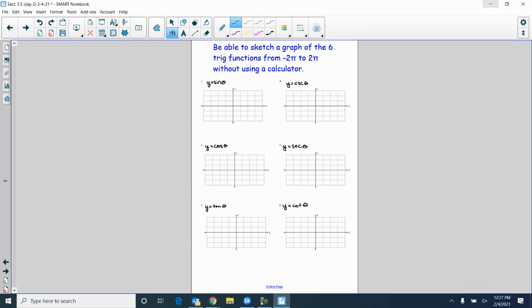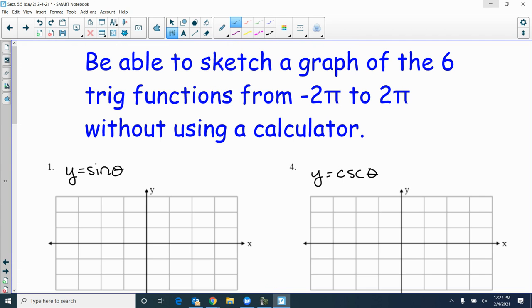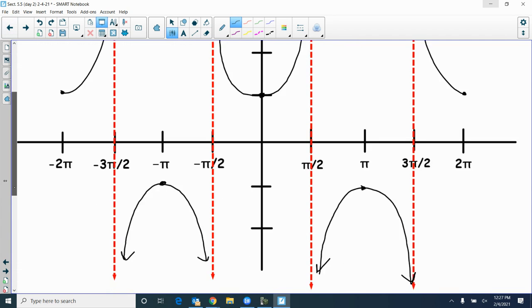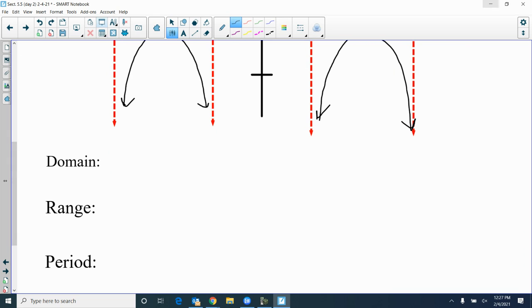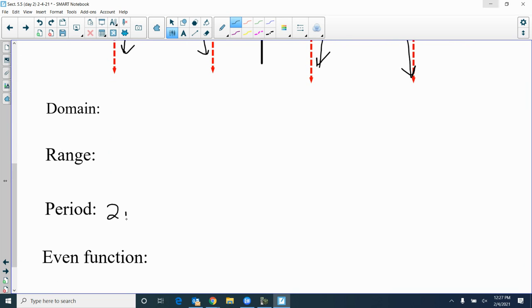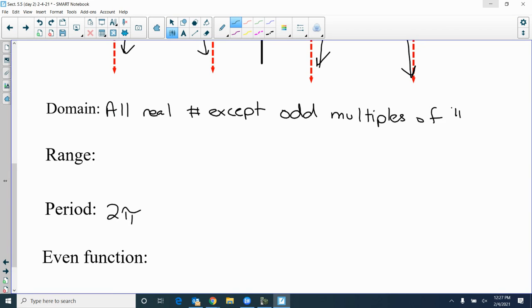Oh, we didn't do period, domain, and range? Oops, let me do that. Let me go back. Where am I at? Page width. Thank you, Maggie. And period is 2 pi. Domain: all real numbers except odd multiples of pi over 2.